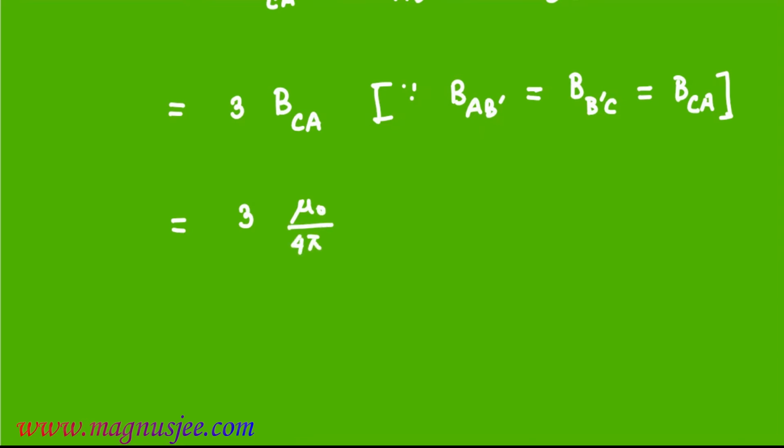Therefore, putting the value of BCA, we get 3 mu 0 by 4 pi I by a, sine phi 2 plus sine phi 1.